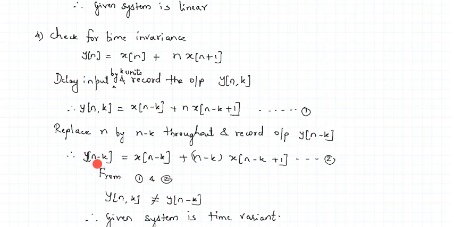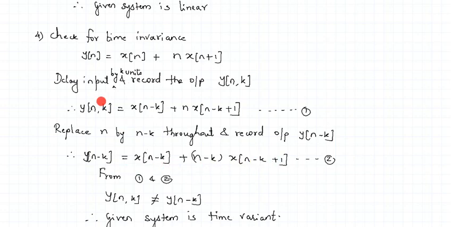So here x of n becomes x of n minus k. Here we have a term n that also gets replaced by n minus k, and in x of n plus 1, n gets replaced by n minus k.